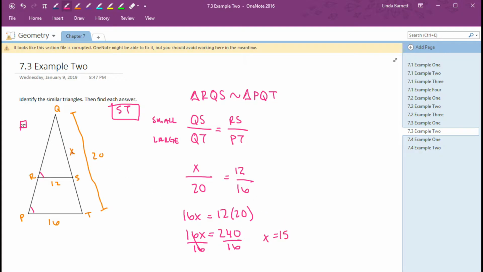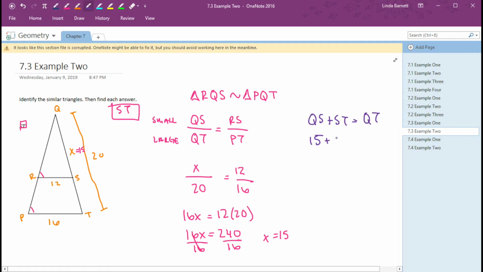We have to be careful because x is equal to 15, but it's not asking for x, it's asking for ST. So I'm going to use my segment addition postulate that says QS plus ST is going to add up to the whole segment of QT. I know that QS is 15, we just figured that one out.